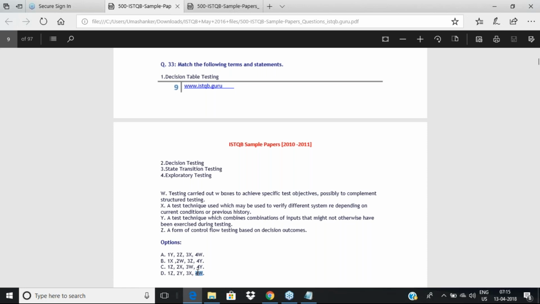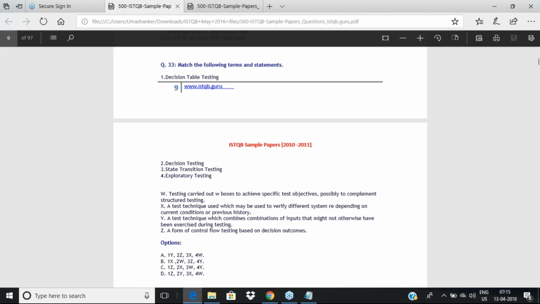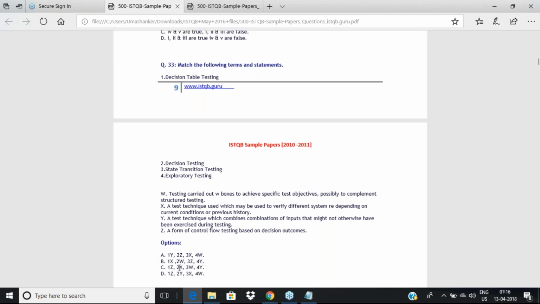See, this 3X and 4W is pretty much the same in A and D also, but you need to rule out between this 1Z and 2Y. Okay, small confusion, right? You can see 1Y, 2Z, 1Z, 2Y, because 3X, 4W is matching in both the places. Now, if you have to rule this out, you have to observe very closely.